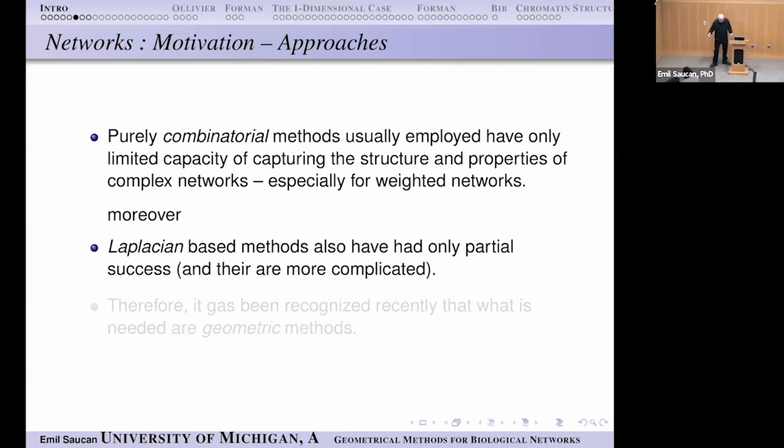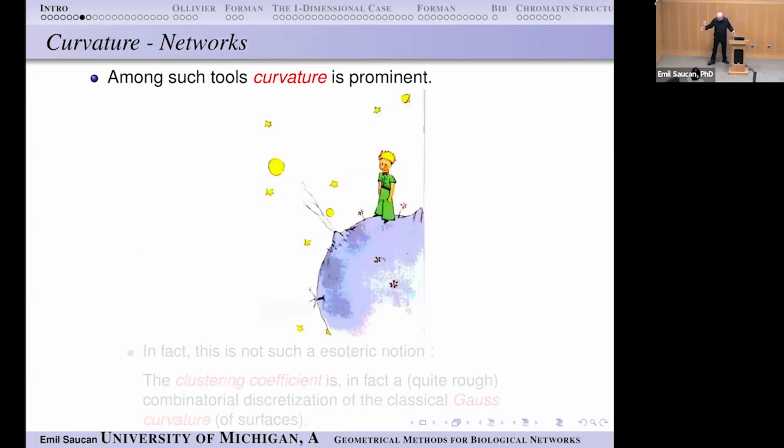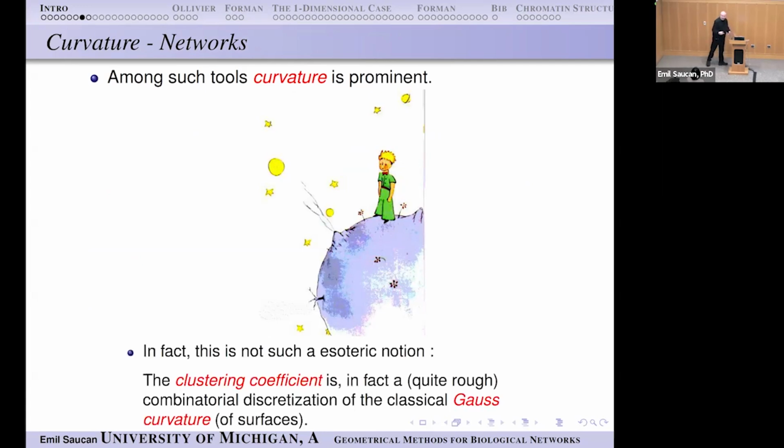And there are a lot of Laplacian-based methods, but these also have some limitations. So people started looking for more expressive geometric methods. So what geometric tools? Well, curvature, first and foremost. Why? Perhaps the name is new to you. I try to suggest that it's not, in fact, but it's very intuitive.